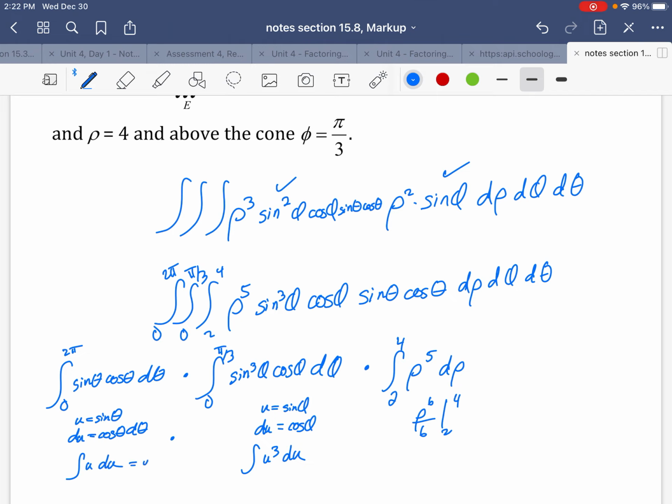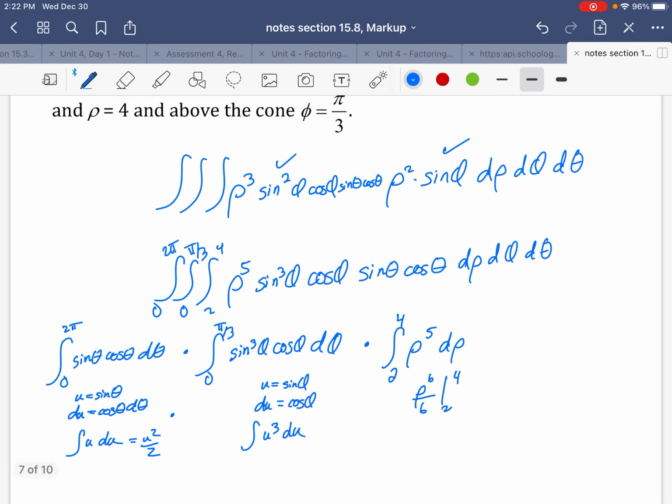When I do that, I get u squared over 2. So remember, u was really just sine, so I get sine squared theta over 2. Evaluating from 0 to 2 pi. Now 2 pi and 0, sine is 0 at both of those places. So what's going to happen is this whole triple integral is just going to go to 0, because this part comes to 0.